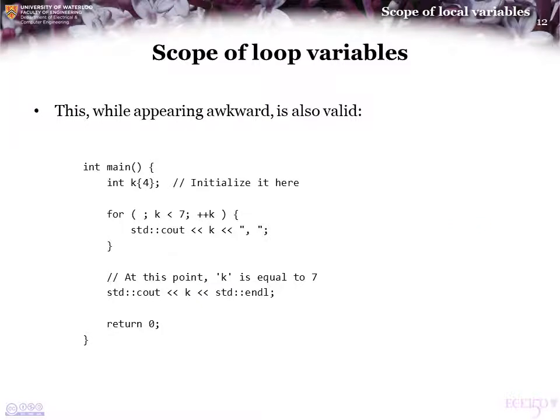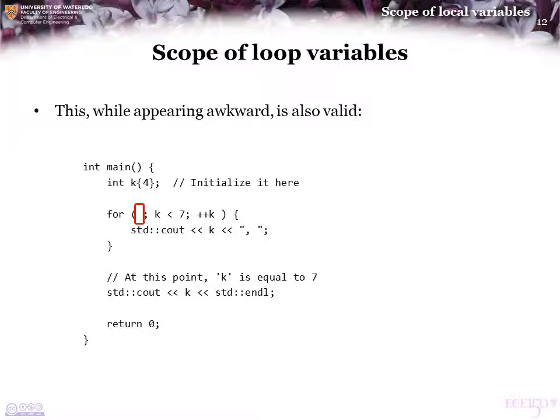Here's something that's a little bit more awkward, but it's still valid. I have both declared and initialized the loop variable here. So its value is 4. The initialization statement of the for loop is now blank.